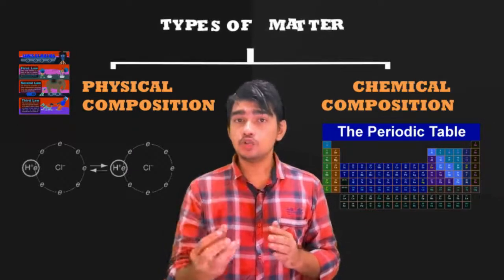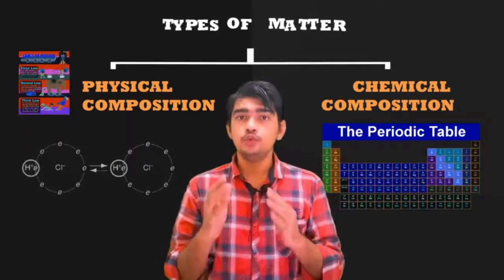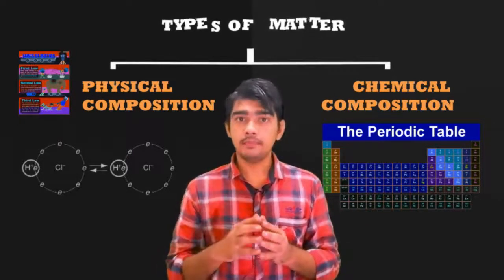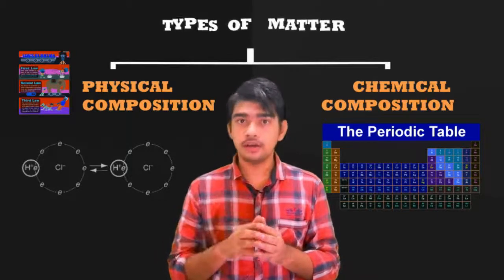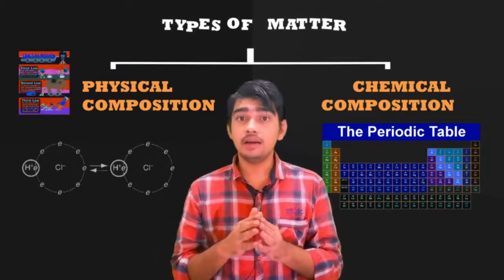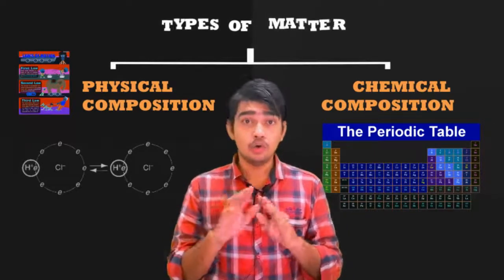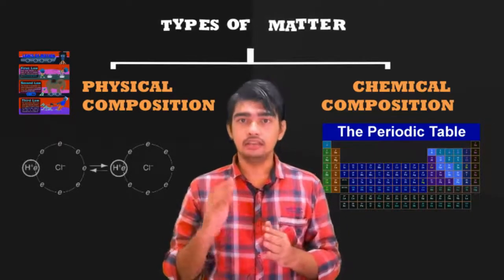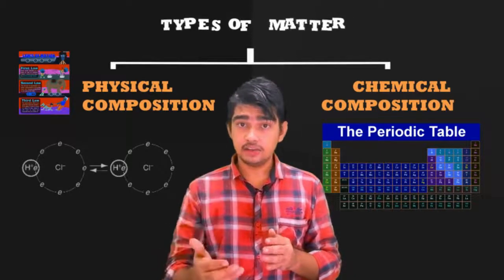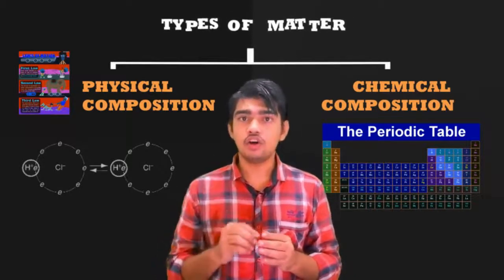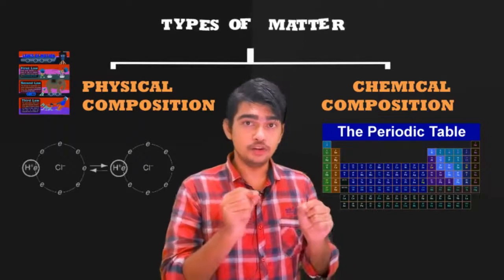We can produce an atomic bomb from uranium and plutonium, but not from gold, because uranium and plutonium have certain chemical properties that gold doesn't have. Thus, we can classify matter based on chemical composition too.